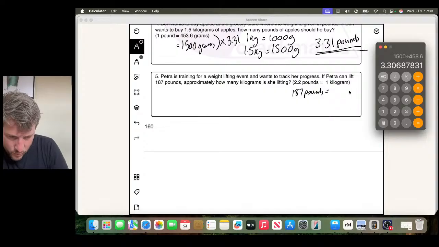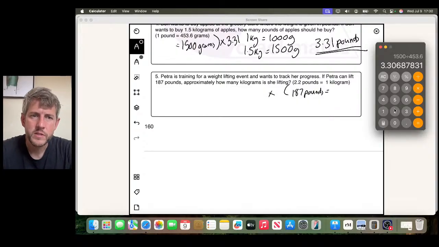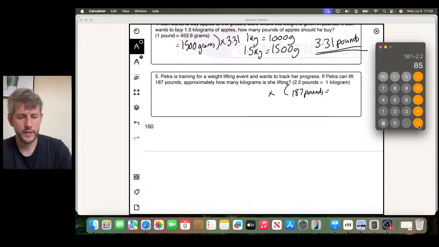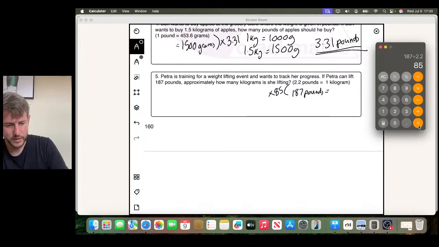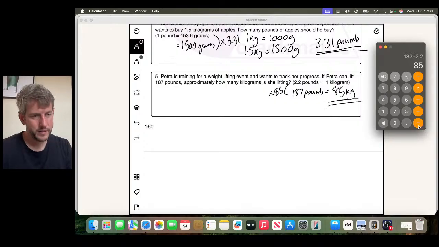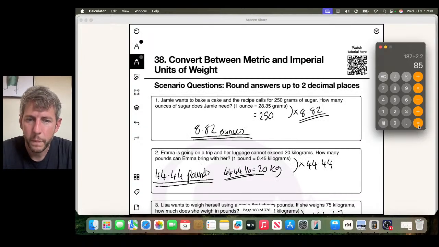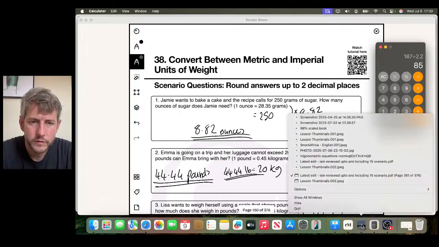Okay, so 2.2 times what equals 187. So we're going to do 187 divided by 2.2, and that's 85. So she's lifting 85 kg. Go Petra. Right. Okay, next one. Oh, no, not next one. We've got to mark it. Right, so here we go.